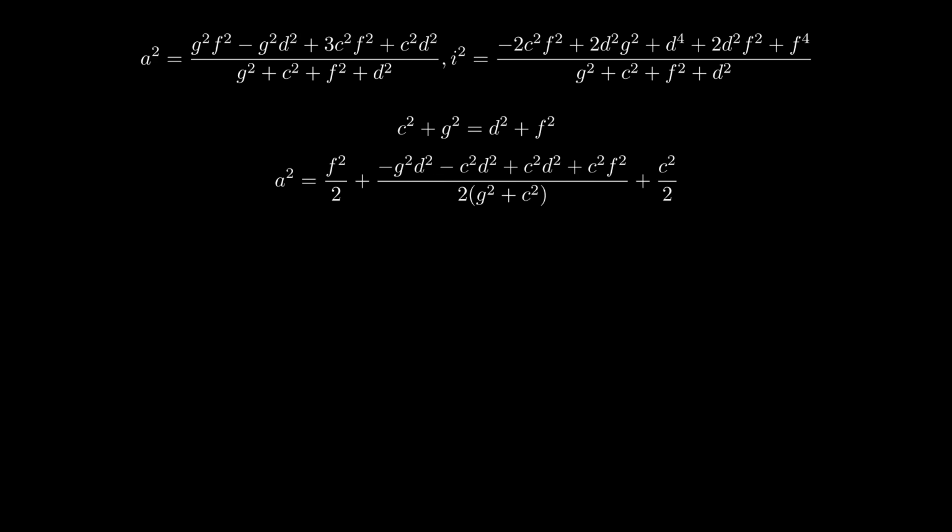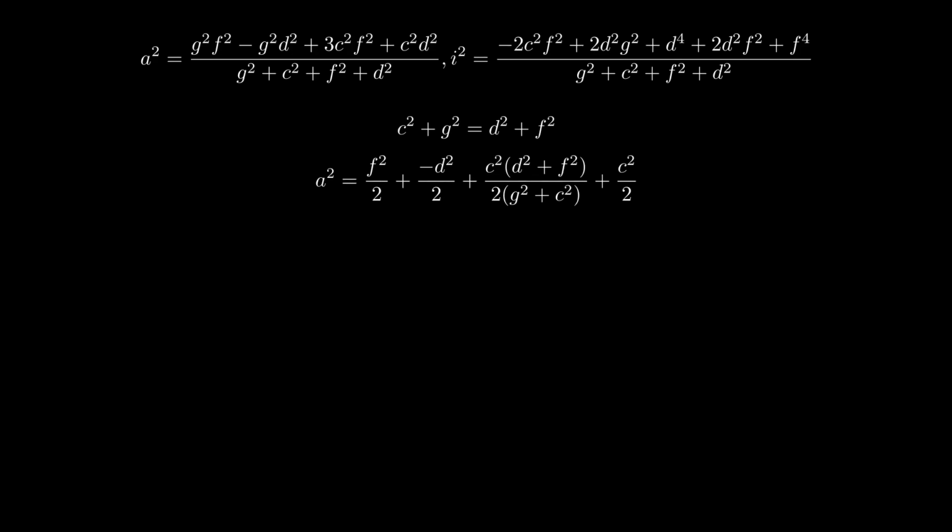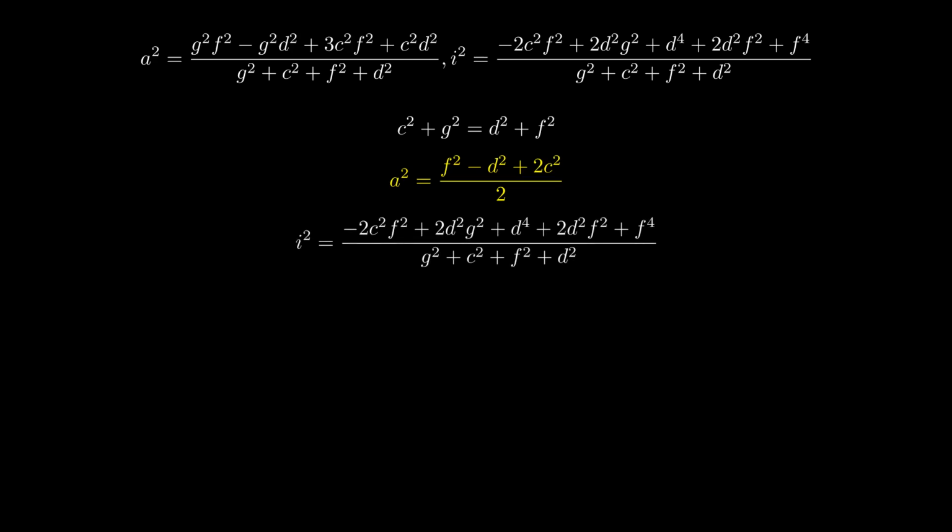Here I'm basically just adding 0, which is to say I'm adding a minus c squared d squared plus c squared d squared in order to cancel the denominator value. After a lot of algebraic work, there's our a squared value, and now I'm going to do the same process with I squared.